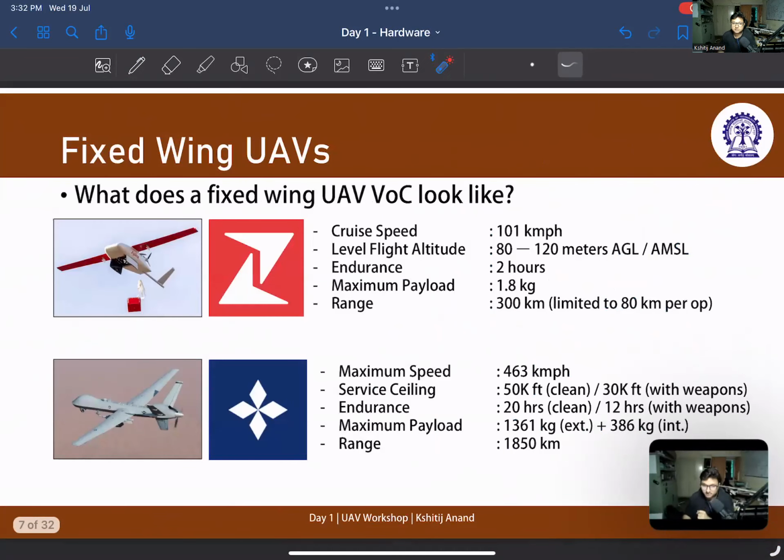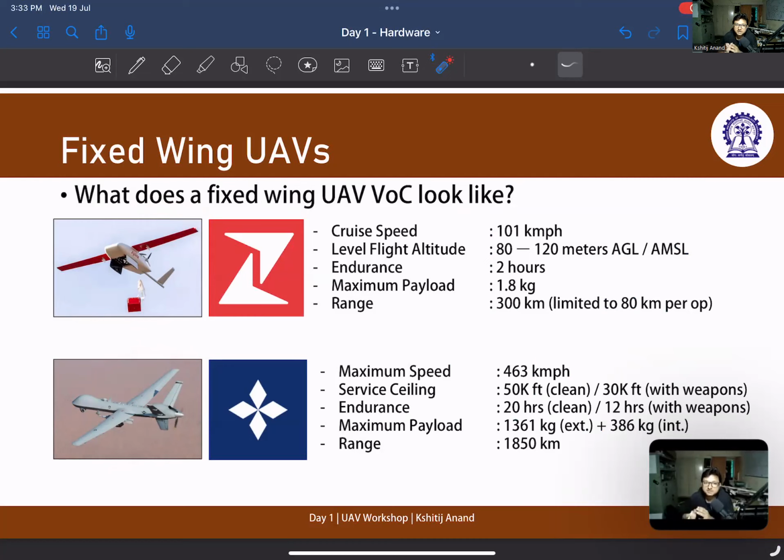And yeah, next we come to how do you design RC aircrafts? I have two examples here. The first one is Zipline Platform 1, and the second one is the General Atomics MQ-9A Raptor UAV. Both of these UAVs have pretty different usages and requirements.